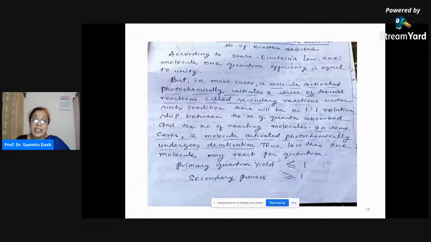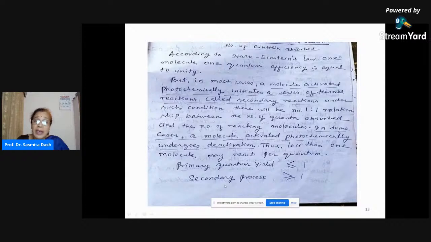Invariably, the primary quantum yield is either less than or equal to 1, but the secondary process quantum yield is always greater than or equal to 1.